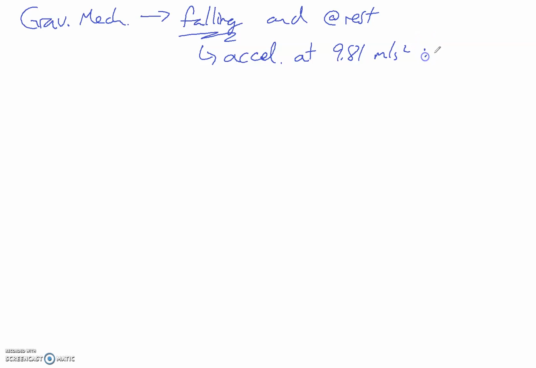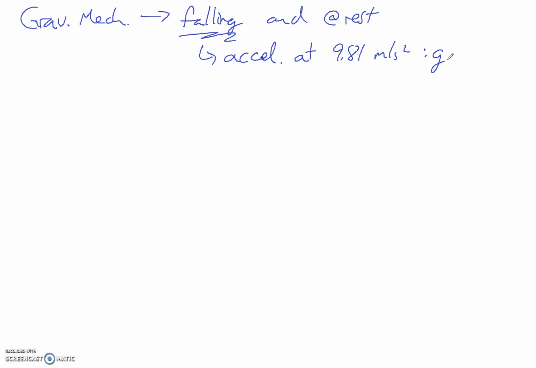This is often given the symbol of a lowercase g, not a capital G. So it's the same type of thing that we used for forces. We used the g value in forces for calculating weight and stuff like that. But we're going to just look at basic free fall type stuff, and limit it to the acceleration due to gravity.